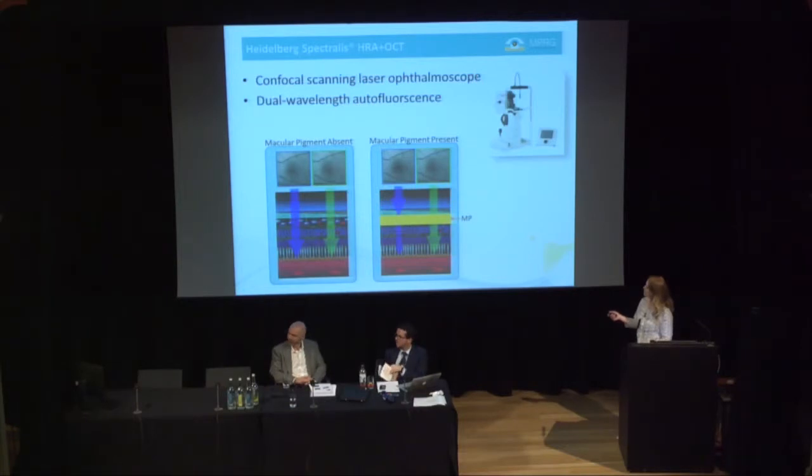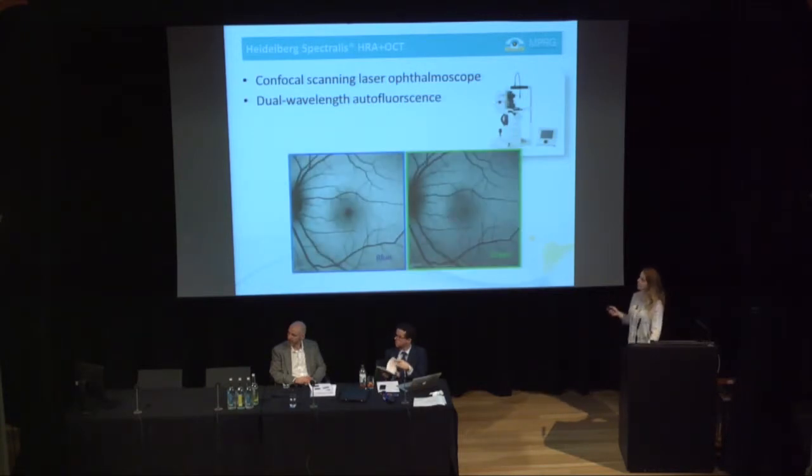What this means is it takes 2 images at the same time. We actually take a 30-second video, which takes about 300 images. And it takes it in a blue wavelength and a green wavelength. You can see here that with macular pigment, the blue light is attenuated, whereas the green is not. So it takes about 300 of these image pairs, like I said, and then it aligns and averages each of them.